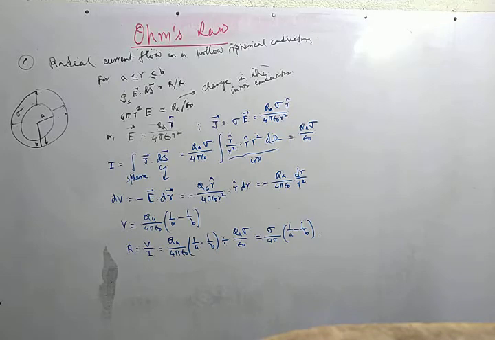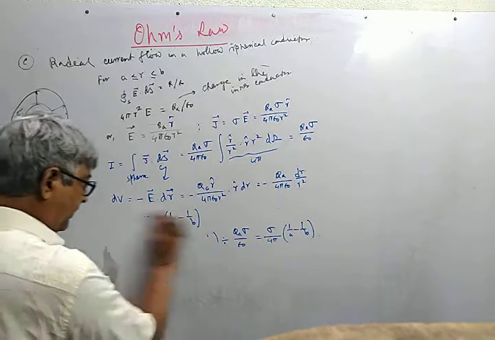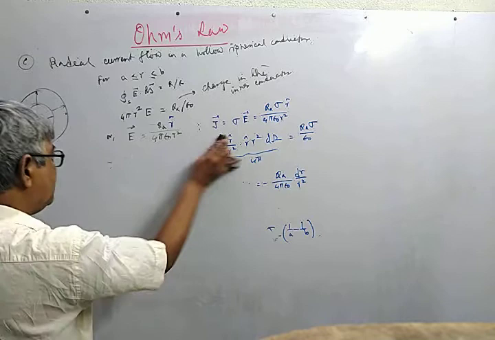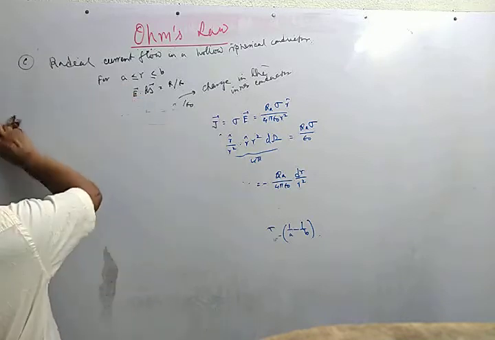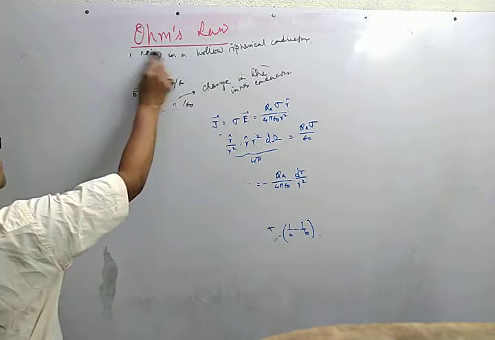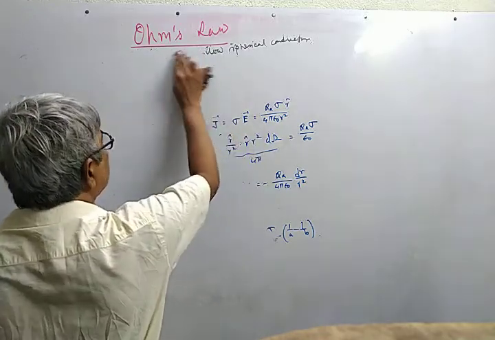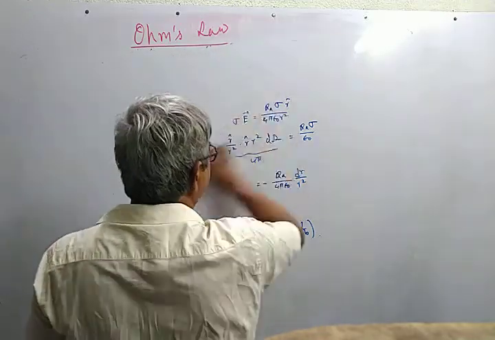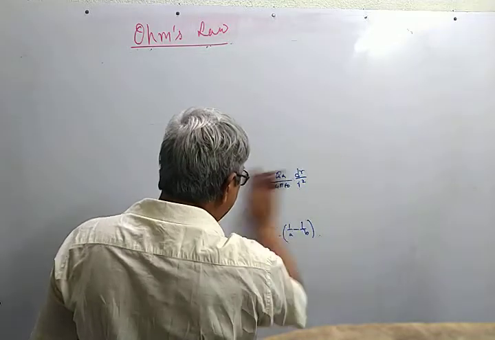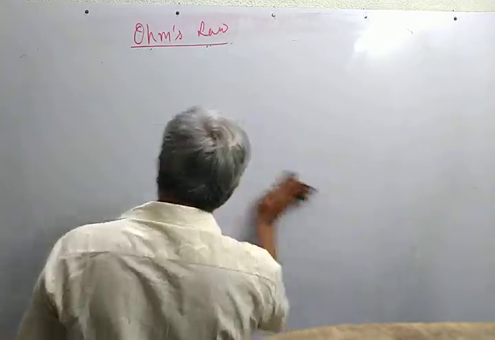Now we come to the conclusive discussion on electromotive force or EMF. In electrostatics, we know that the electrostatic field is a conservative field, so its curl is 0. And the electrostatic field may have space dependence, but it does not have any time dependence.